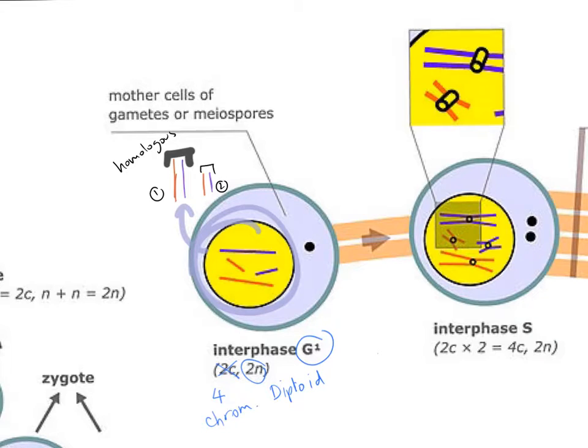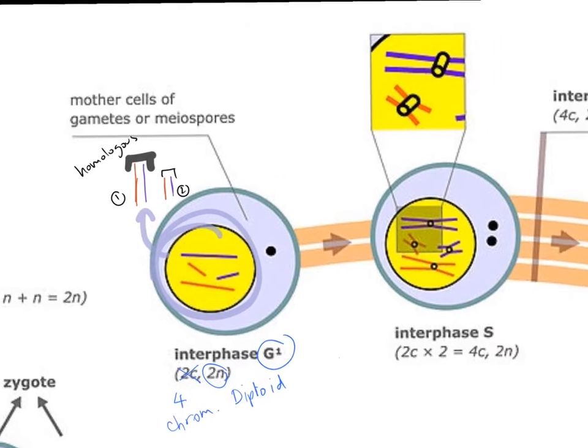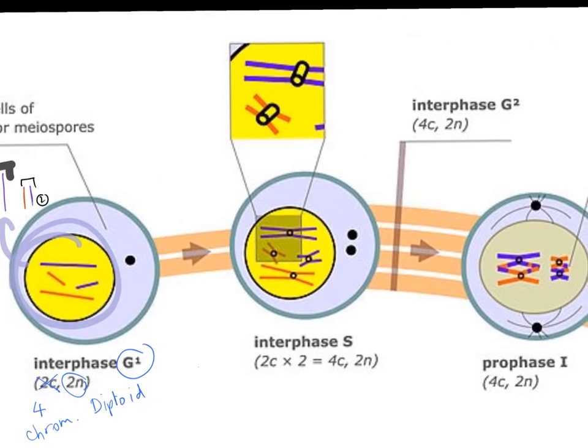Now we're going to zoom in and look at what happens in interphase S. Remember S stands for synthesis, so this is where DNA replication occurs.